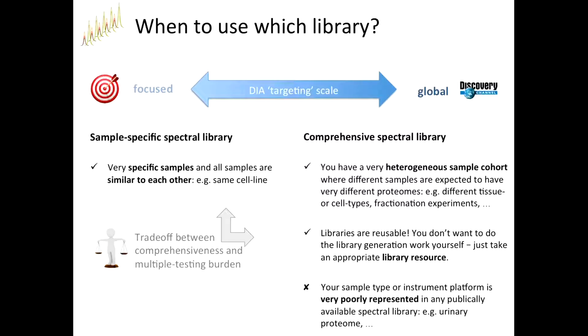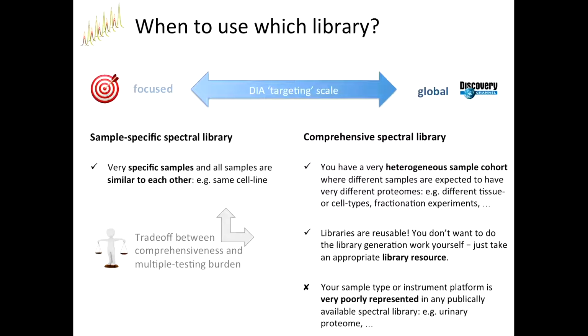So now the question is, of course, okay, which library should I use then? This is a very good question, and I think there's still a lot of discussion going on in the field how to best solve this problem. Generally, what I would say is that a sample-specific library is totally viable if you have very specific samples and all your samples are quite similar to each other, so you have a specific cell line and a specific question that you're super interested in.